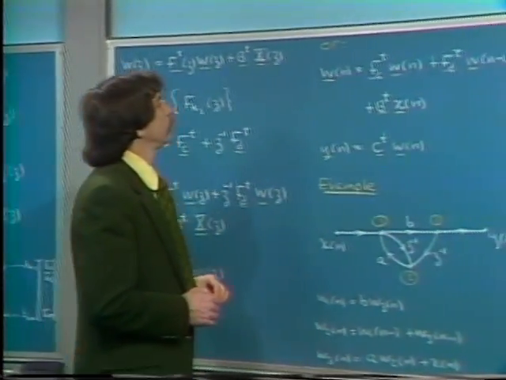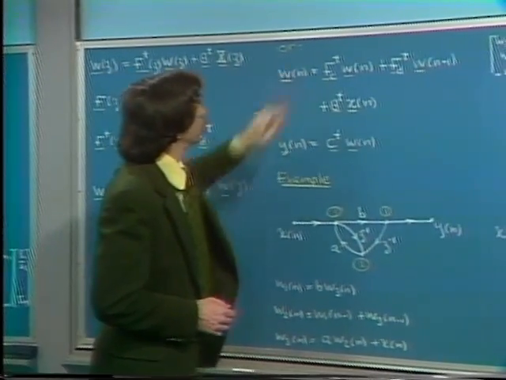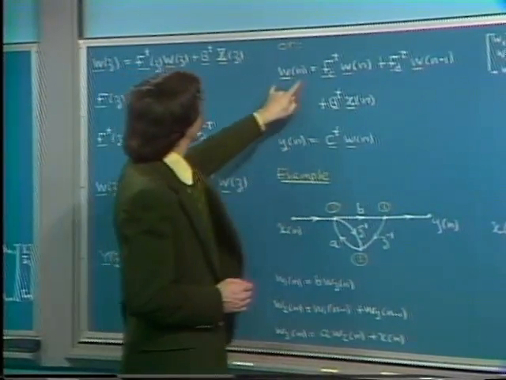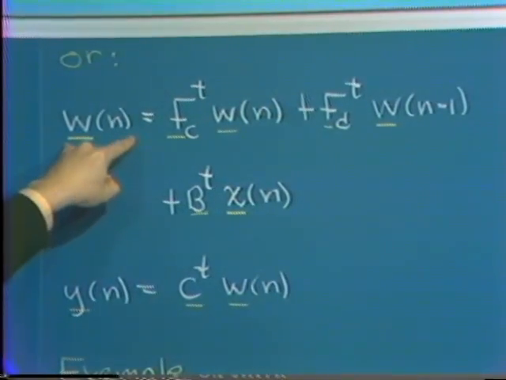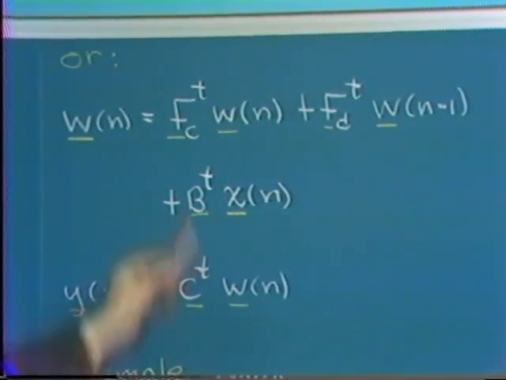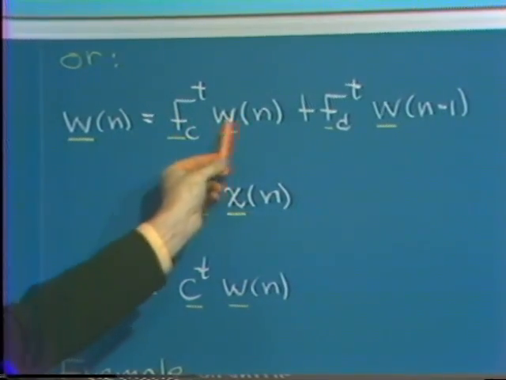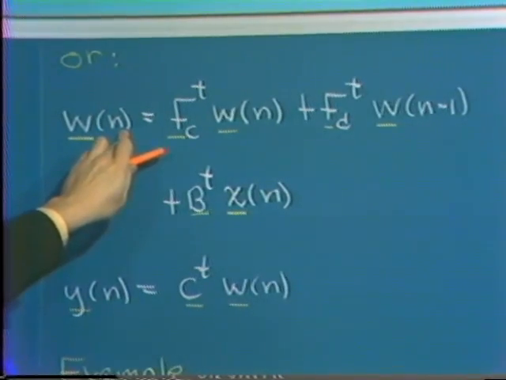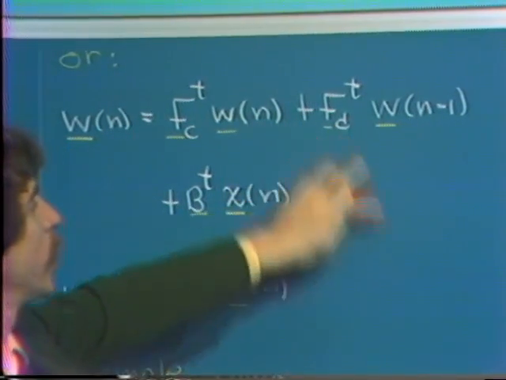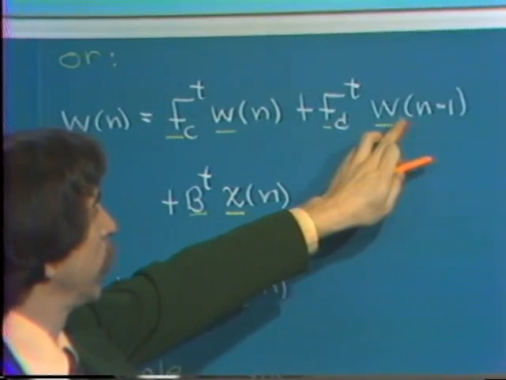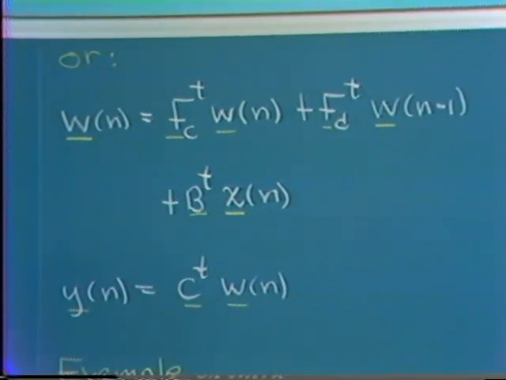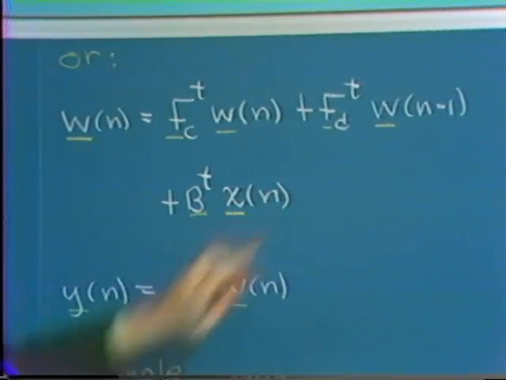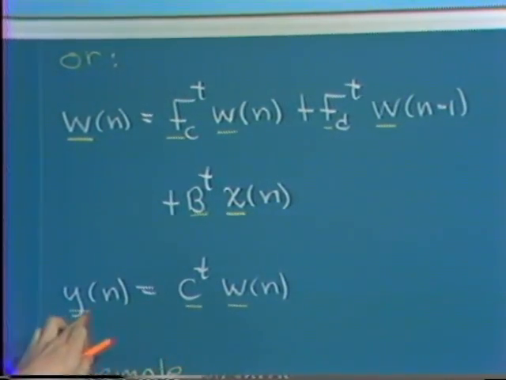In the time domain, then, this corresponds again to a matrix set of equations stating that the column vector W of n is equal to a coefficient matrix multiplied by the present state, in other words, the same column vector, plus another matrix multiplied by the set of node variables one iteration previously. And then, of course, an equation coupling the sources into that, and finally an equation that generates the sink node outputs from the node variables.